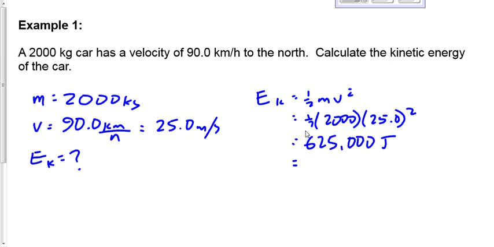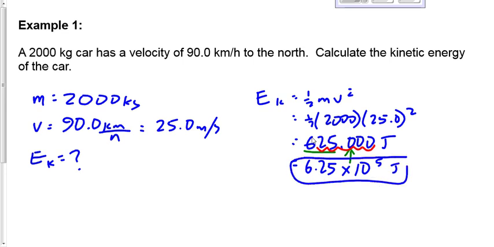Final answer should be 3 digits. This is 3, this is my fourth. 6.25 times 10 to the 1, 2, 3, 4, 5. 6.25 times 10 to the 5 joules.